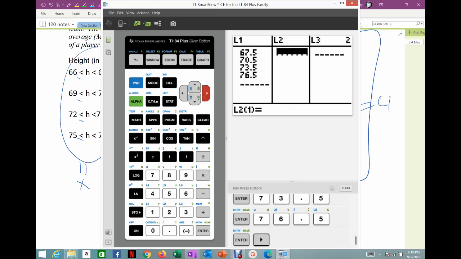Right, then it's the frequency. How many people land in those groups? The first one is 3, 6, 4, and 1. Let me double check myself, make sure I typed them in right. I believe I did. Quit.